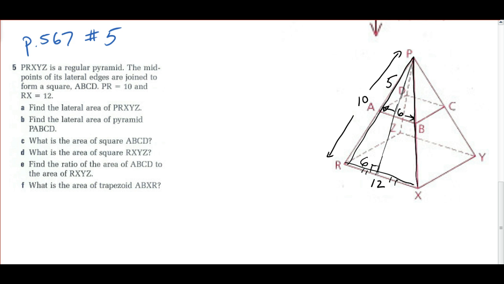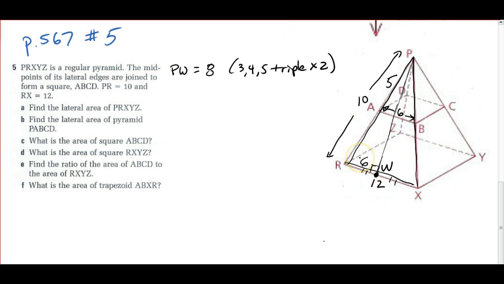Actually, it's going to be a 6, 8, 10. I'll call this point W. So PW is going to be 8, because it's a 3, 4, 5 triple times 2.